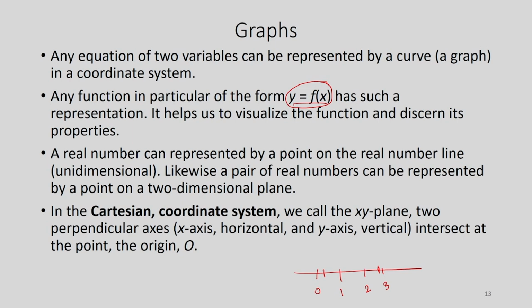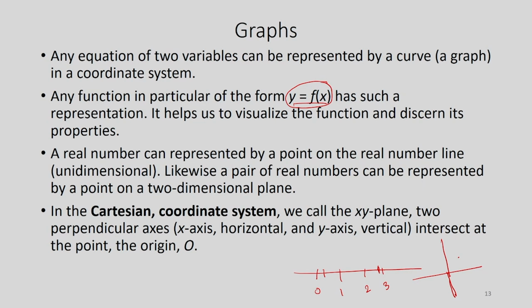Likewise, a pair of real numbers, so we are not talking about one number, but a pair of real numbers, can be represented by a point on a two-dimensional plane. Okay. So, here you do not have just one dimension, not a horizontal line, but a two-dimensional plane, something like this. Here any point is a representation of a pair of numbers.